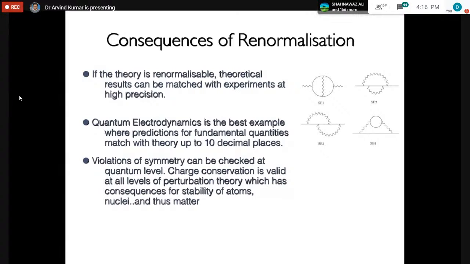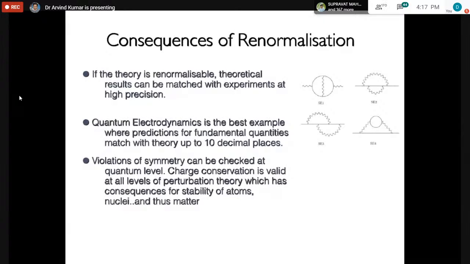It can be shown that charge conservation is valid, which has consequences for the stability of atoms, the propagation of the photon, the stability of nuclei, the matter, everything. You can actually put a bound on how big atoms can be stable, essentially. So renormalization has some physical consequences.